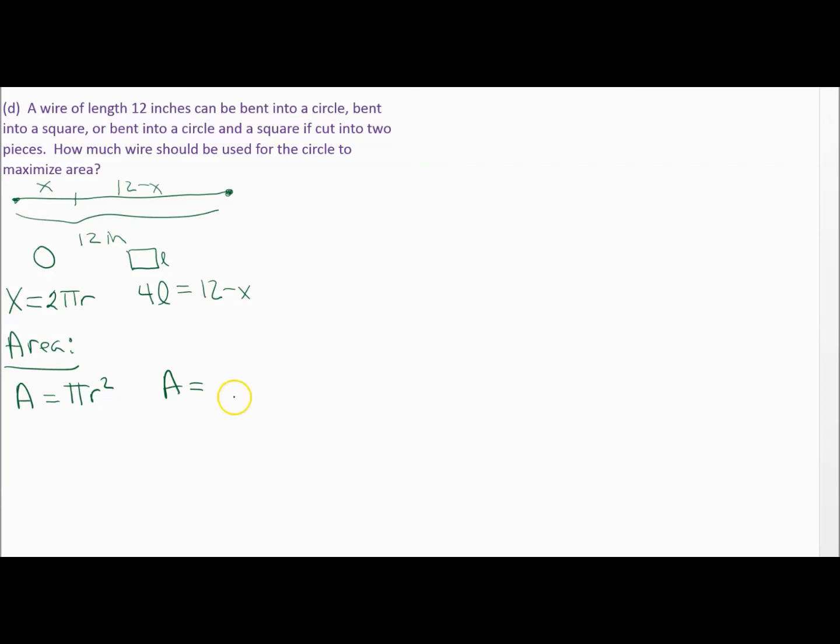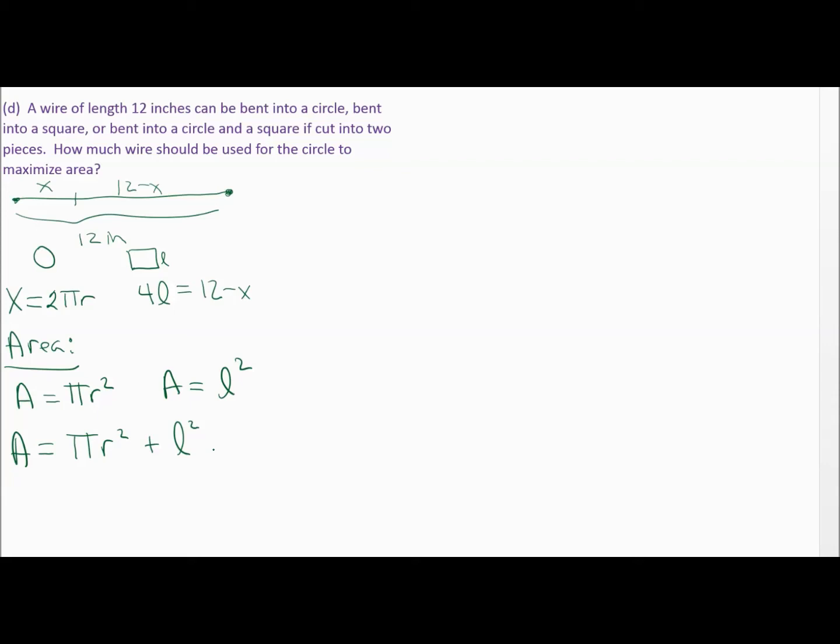Well, the area of the square is L times L, or L squared. You good with that? Now, what are we doing with our areas? Well, we're adding them together. We're trying to find the maximum area. So our total area, I'm just going to call it A, is going to be pi r squared plus L squared. So far, so good. So the area of the circle plus the area of the square, we've got it.